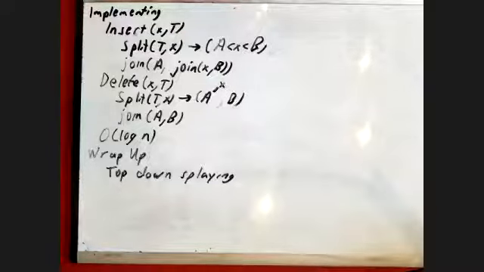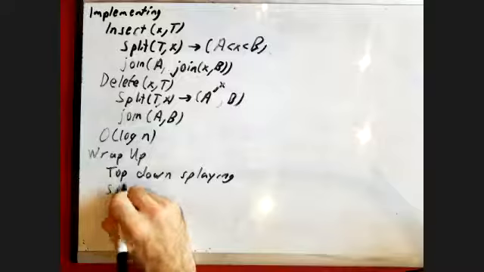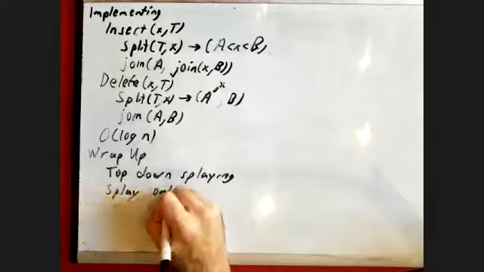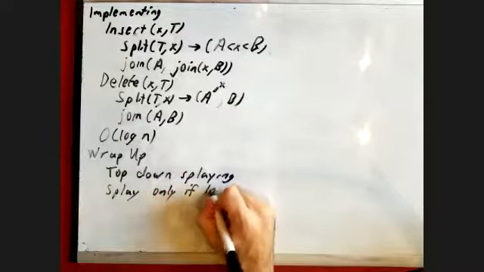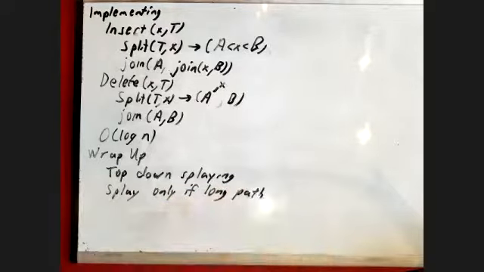Other things that you might want to consider doing in practice is to splay only if you have a long path. Okay, why might this be a good idea in practice? Well, let me first ask why this might not be a bad idea. Why doesn't it hurt you to only splay when the path is long?